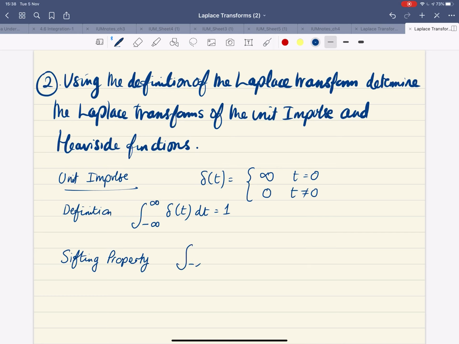And that's the integral from minus infinity to plus infinity of f of t delta t dt, and this is f of 0, because delta t is only defined when t is 0. So we've got to have t is 0, so we've got to have f of 0, and that's the only place. So that's why that's used there.